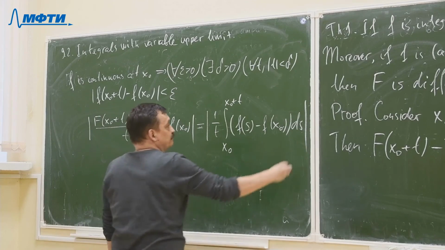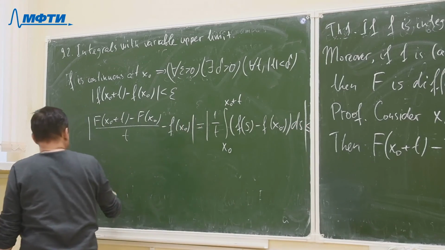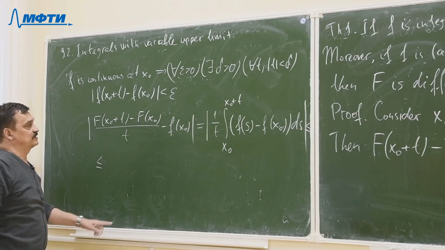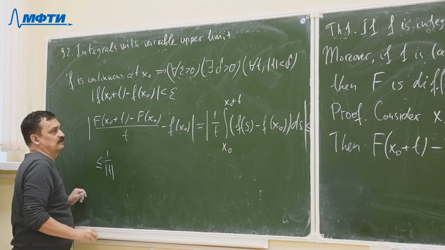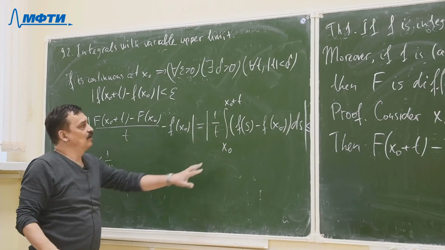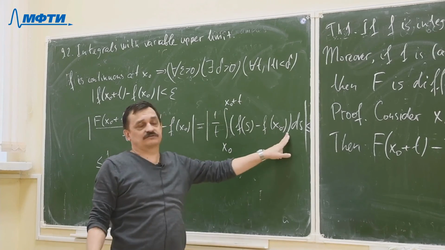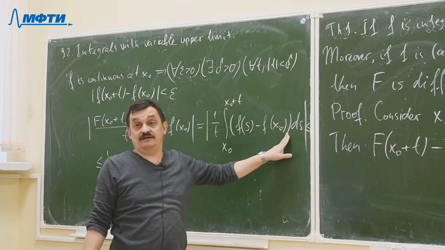Now we have an estimate. So look, 1 over modulo t, modulo of the function under the integral.